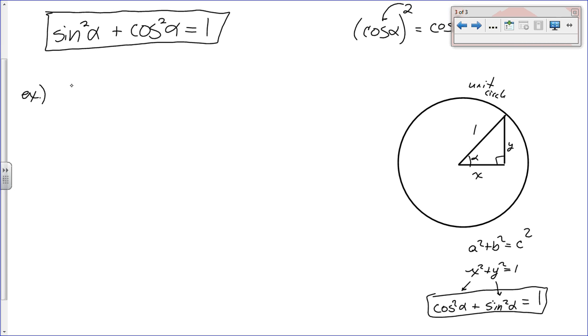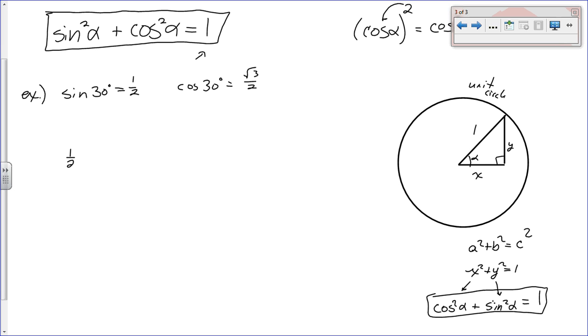I like examples. Say the sine of 30 degrees equals 1/2, and we know that the cosine of 30 degrees equals the square root of 3 over 2. Let's plug these into the Pythagorean identity and prove that they come out to 1.